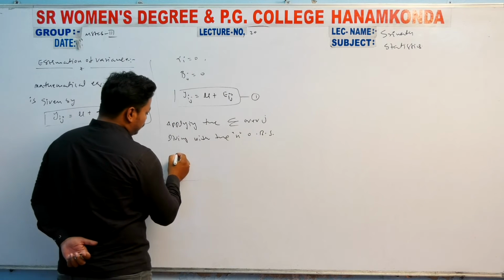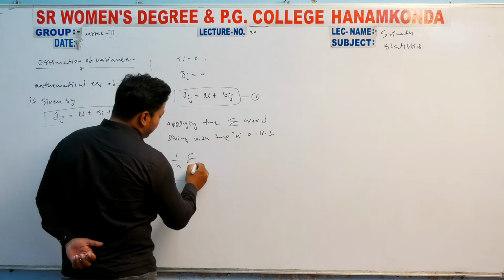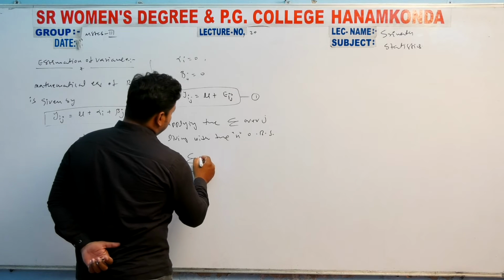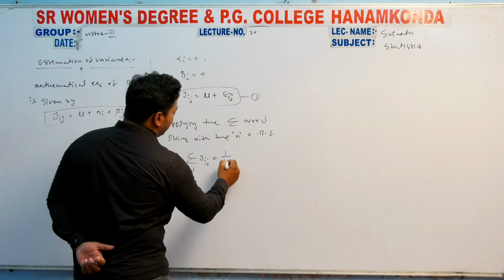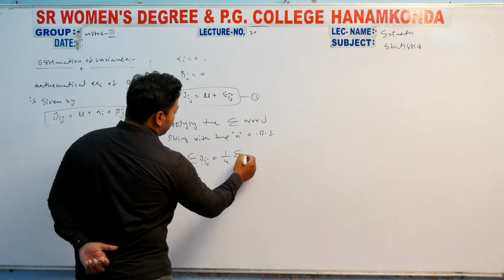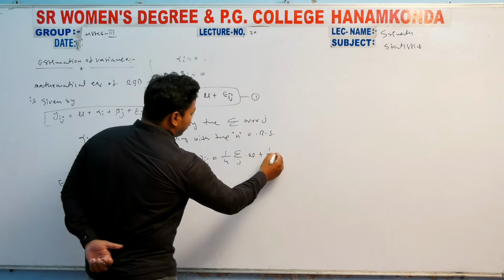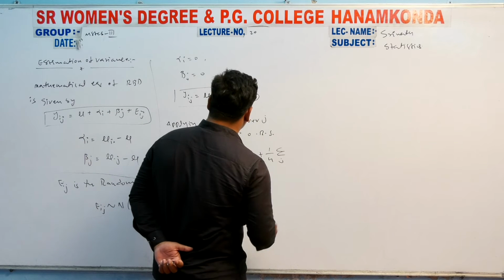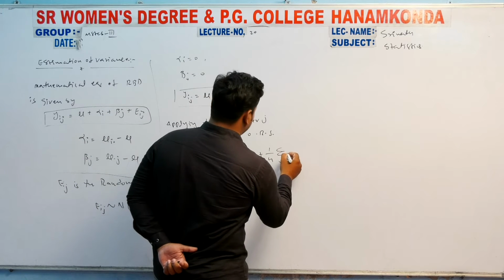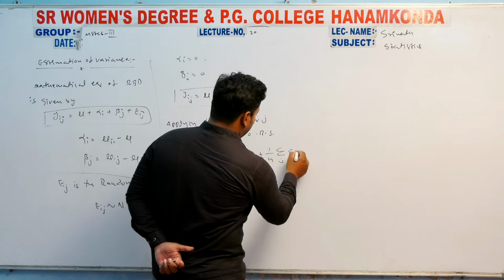So here 1 by n summation j Yij equal to 1 by n summation j into mu plus 1 by n summation j into Eij.